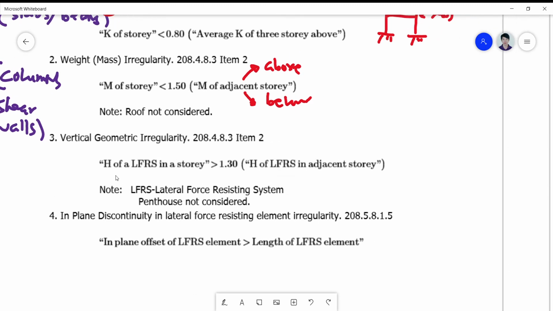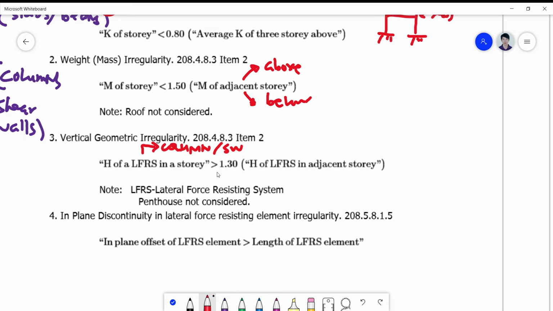When you talk of the height, you're talking of the height of the LFRS, or simply the height of the column or shear wall. So the height of the column or shear wall in a story must not be greater than 1.30 times the height of the LFRS in the adjacent story.